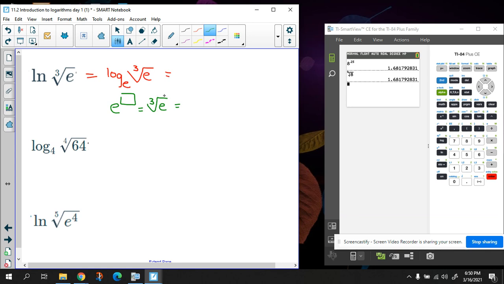If you rewrite this in exponent form, e to the 1/3, it's more obvious. The bases match, so the exponents must match. The answer to this one is 1/3.